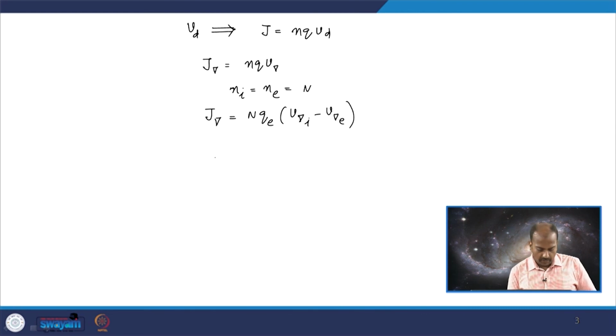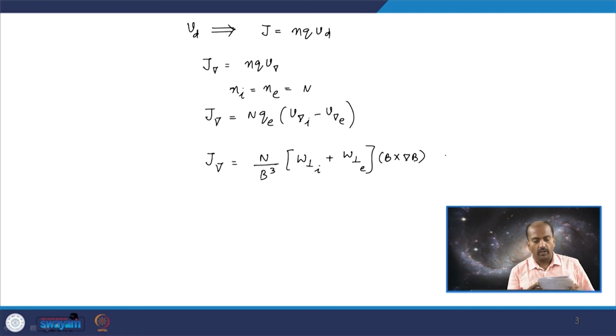And similarly, we can simplify it even further by substituting the expressions for the gradient drift velocity. We will write N by B cube, W perpendicular for ions plus W perpendicular for electrons times B cross del B.